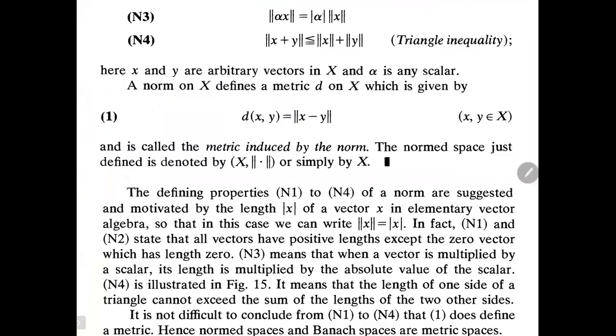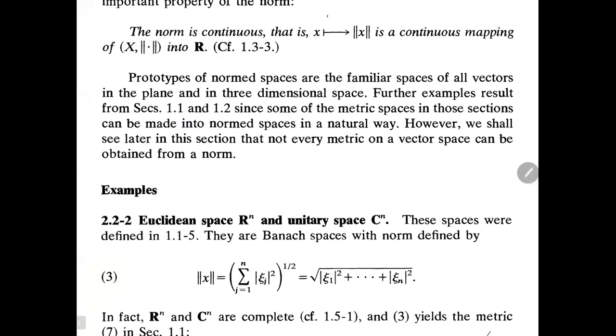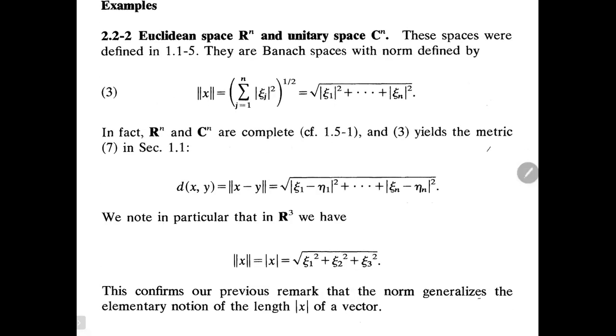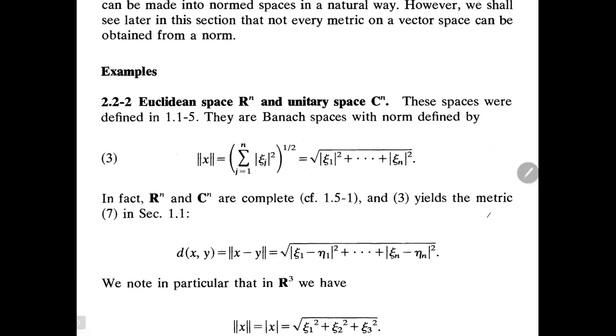So let me show you something. These are the examples you need to work out to show that these are norm spaces. For example, I will come back to this point, whether the discrete metric is induced by a norm or not.